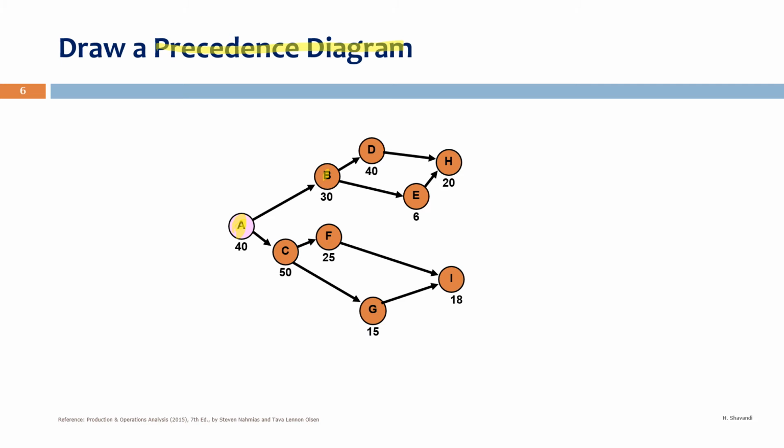And the numbers that we have for each node is the processing time. Okay, so in order to start assembly line balancing analysis, we need to draw a precedence diagram like this.